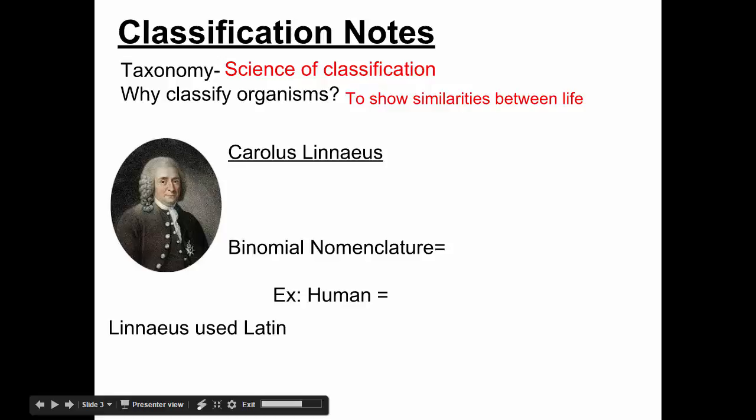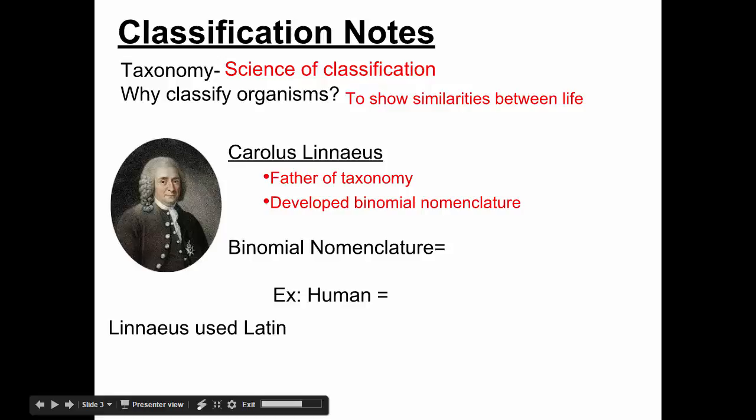His actual name was Karl von Linn, but he changed his name to sound more Latin. Does anybody take Latin? No one takes Latin? Spanish. Okay. Well, Carl Linnaeus is known as the father of taxonomy because he sort of came up with this system. Kind of like we might call Darwin the father of evolution.